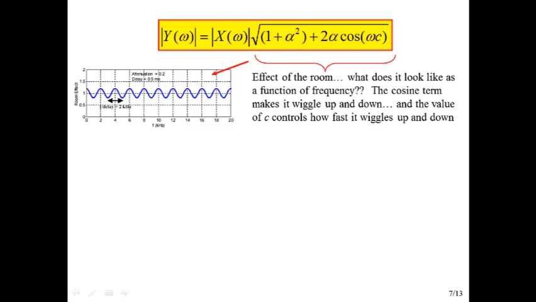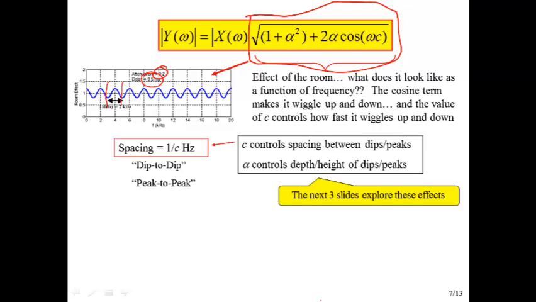There's a plot of just this part, just the frequency response magnitude, for an attenuation of 0.2 and a delay of 0.5 milliseconds. And we can see a couple things. Yes, it wiggles up and down like we said, and we can actually figure out the spacing between those dips and peaks, and that it's 1 over c hertz.